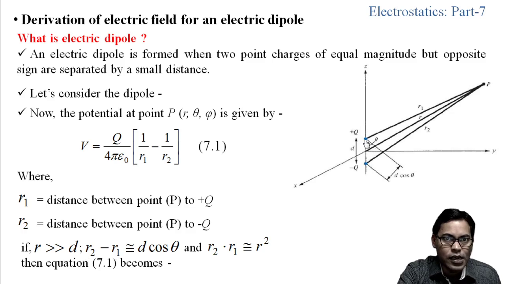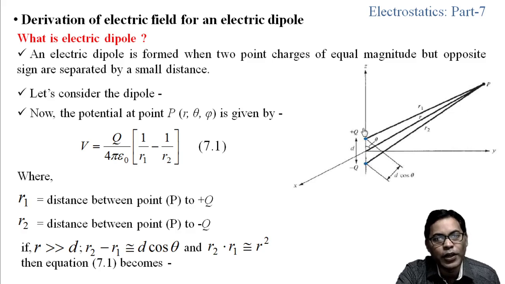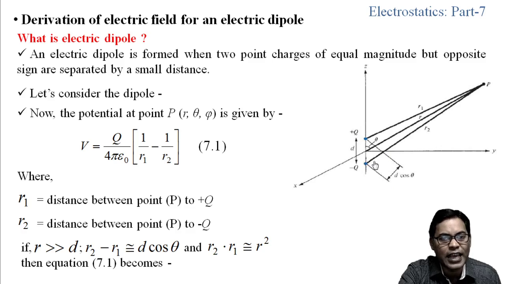If we draw a perpendicular line from the plus q point onto the r2 vector, then the angle between the z-axis and d, and r2, will also be theta. So if it is theta, then the distance r2 minus r1 will be d cos theta. From simple geometry you can understand this.